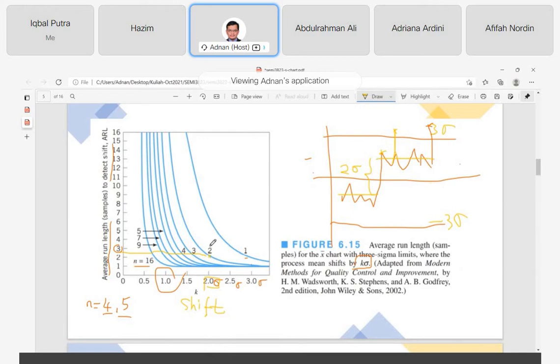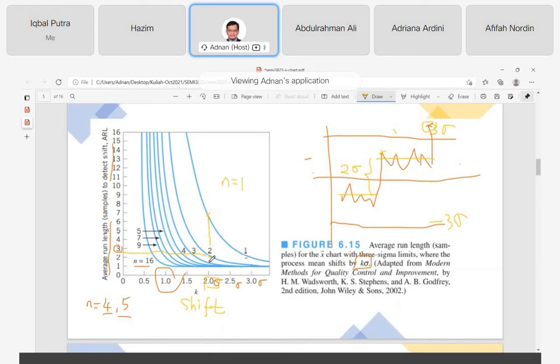But if you use only n equal to 1, you will detect only after 7 points: 1, 2, 3, 4, 5, 6, 7. Only here you can detect. It takes a longer time to detect if you have a small n, n equal to 1.